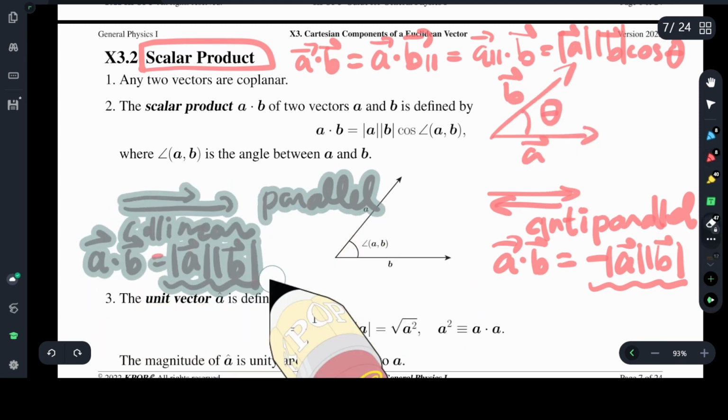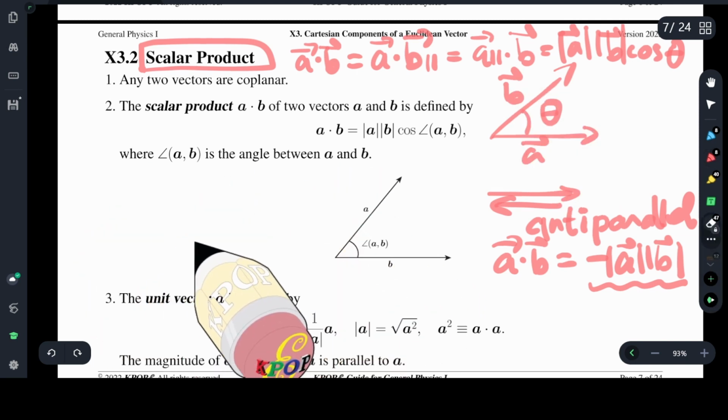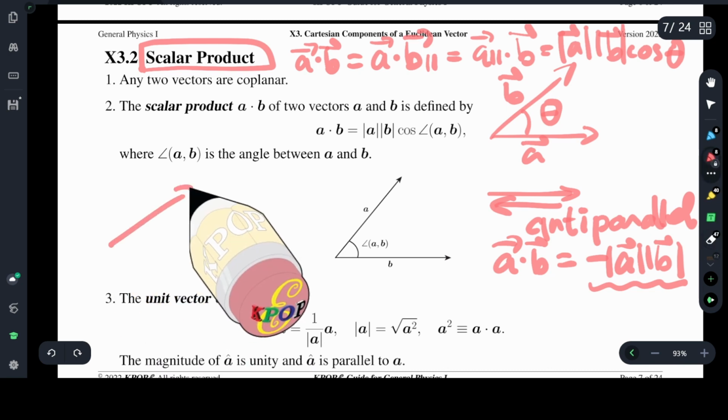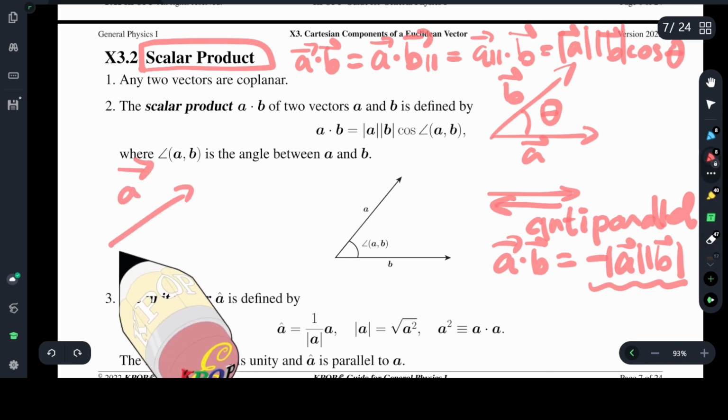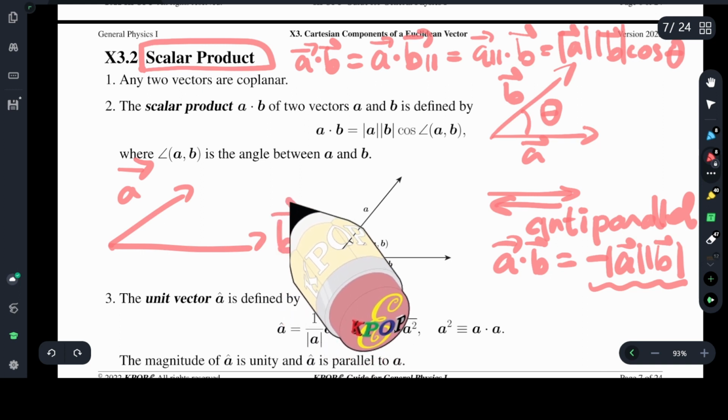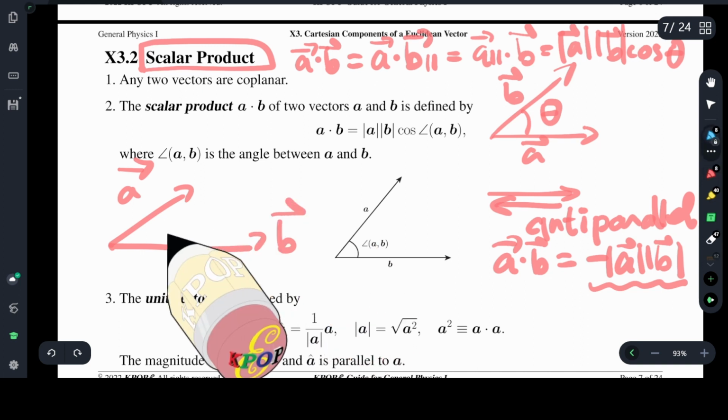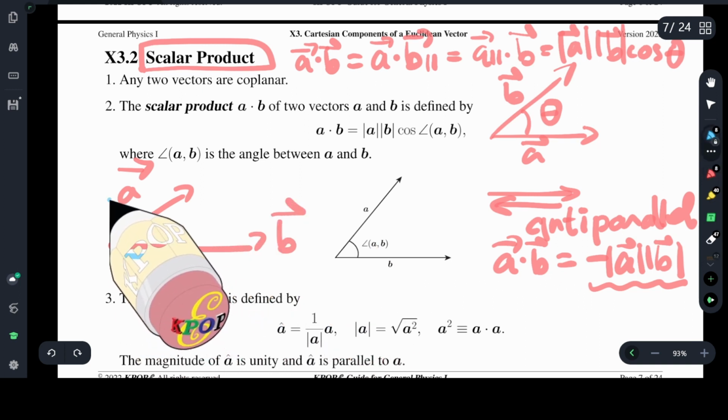Let's say A is here, B is here, and A can be decomposed into two pieces.